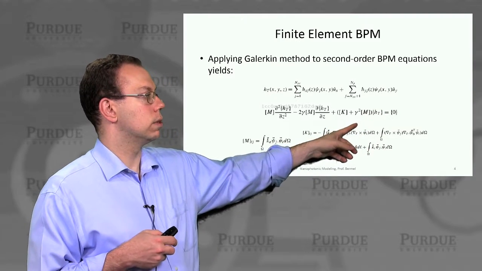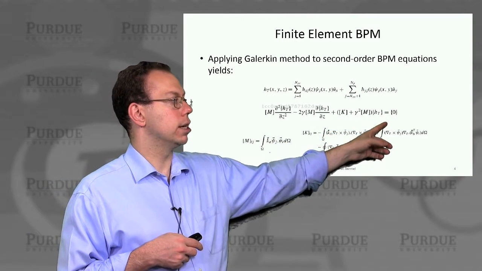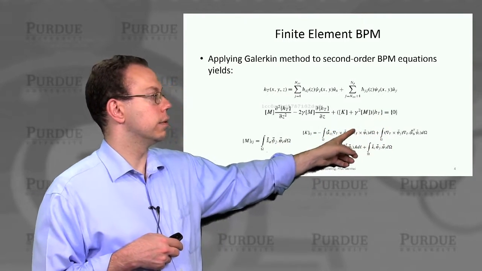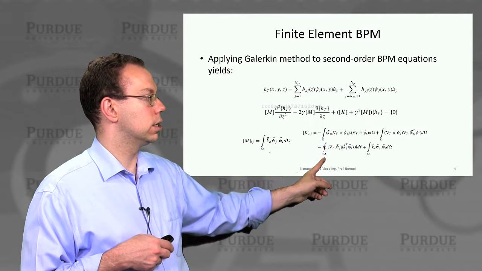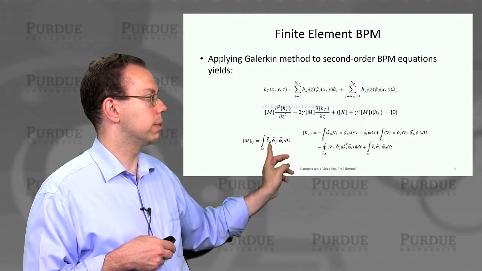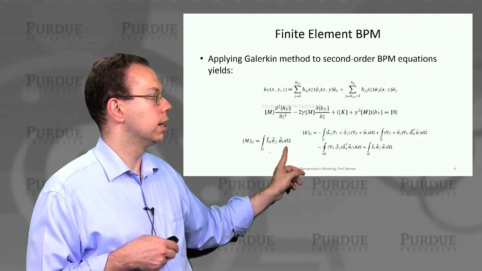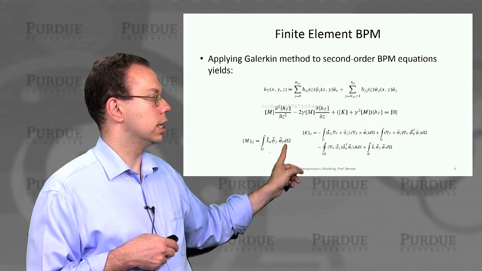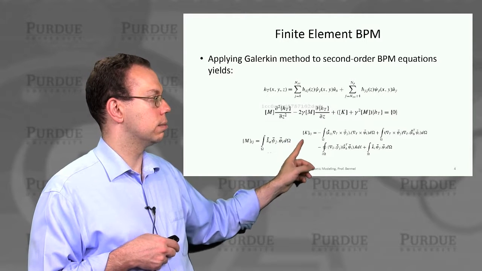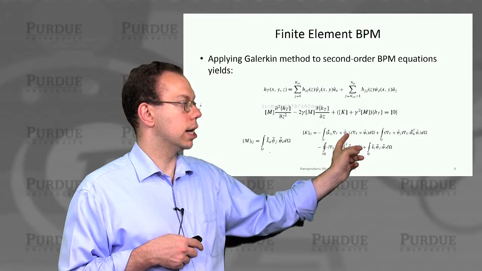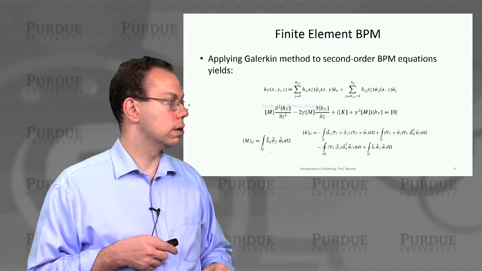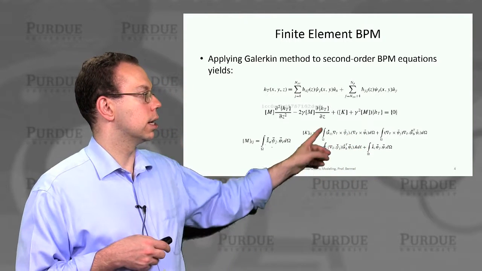Of course, it won't necessarily be exactly 0, but we can define that as an error function, and then integrate with respect to the test cases. Here are the details of what the mass matrix looks like. Again, this is the overlap of the different basis elements. And Kij looks at what happens when you take the curl of those elements and then subtract them.